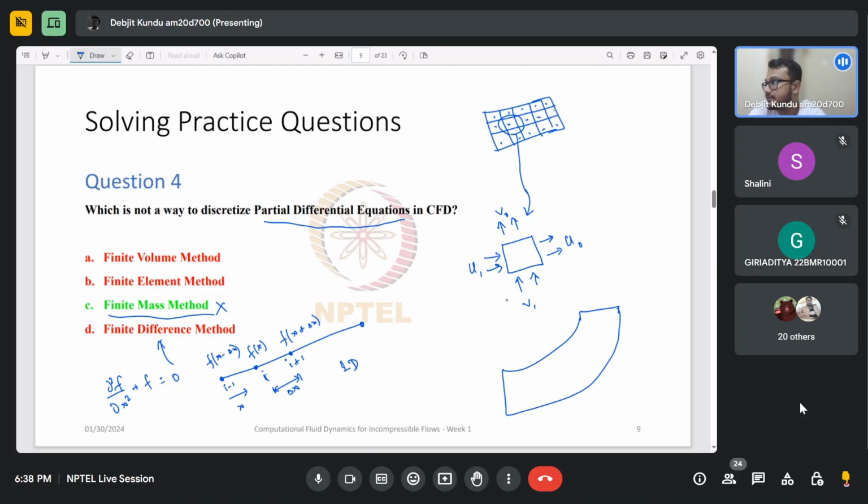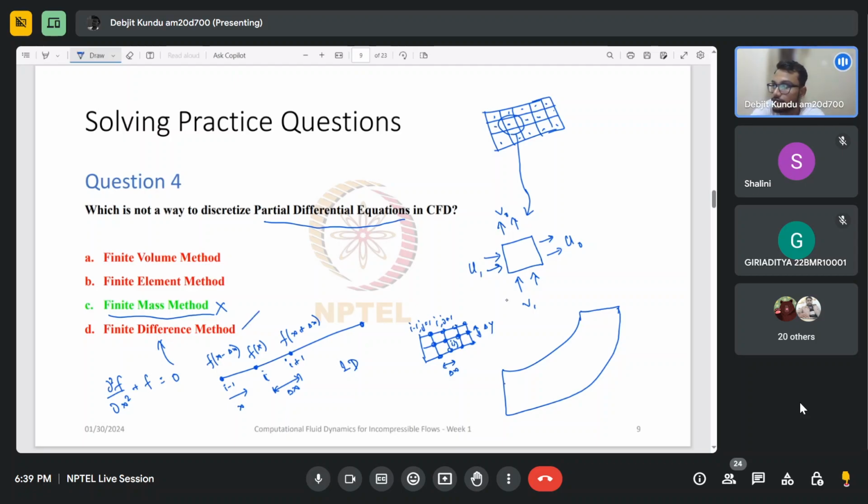If I had a straight pipe, then using finite difference method would be very simple. I'll simply break it up into points which are regularly spaced. This is delta x, I know, delta y, I know, and it goes in i and j. So each point can be ij, ij plus 1, i minus 1, j plus 1, like that. You get it, right? So for regular geometry, finite difference method works well.